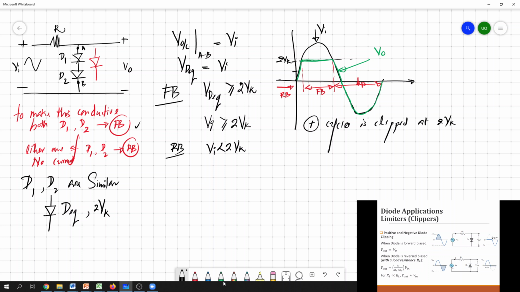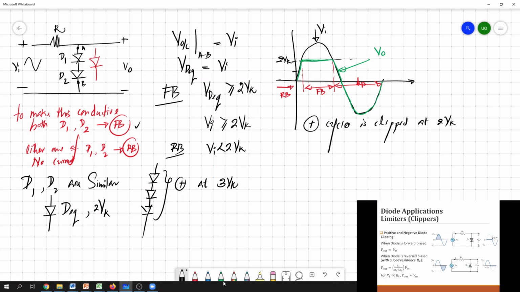So what about if you add 3 diodes together? With 3 equal diodes, you can simply claim that the positive cycle is clipped at 3 times Vk. If you add 4, it becomes 4 times Vk.